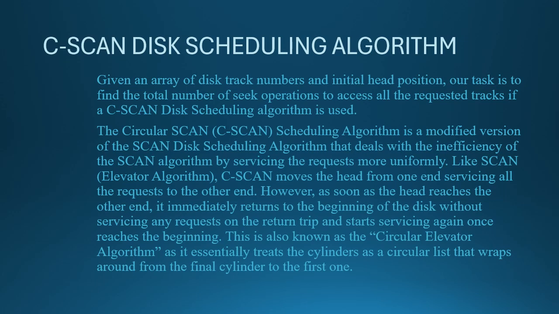The circular scan scheduling algorithm is a modified version of the SCAN disk scheduling algorithm that deals with the inefficiency of the SCAN algorithm by servicing the requests more uniformly. Like SCAN, the elevator algorithm, C-SCAN moves the head from one end servicing all the requests to the other end.